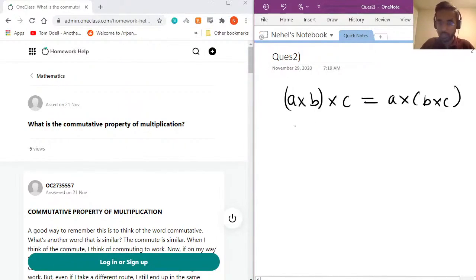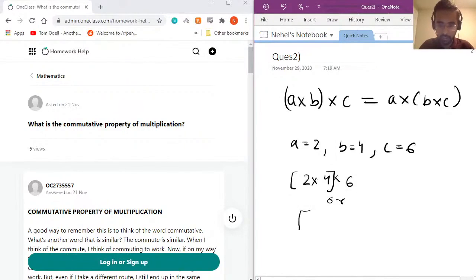If I say my A is equal to 2, B equals 4, and C equals 6, for example, I could write this as 2 times 4 times 6, or I could write this as 2 times 4 times 6.